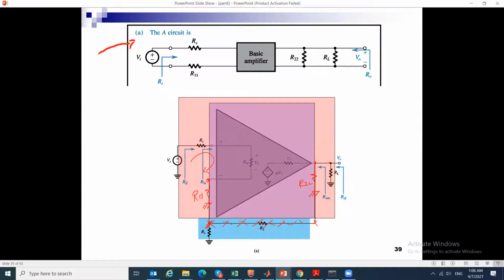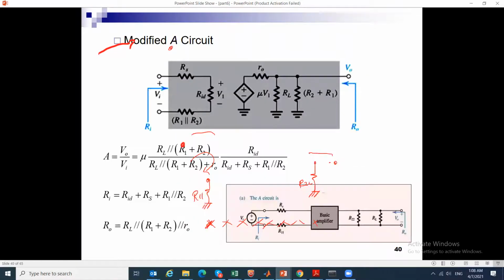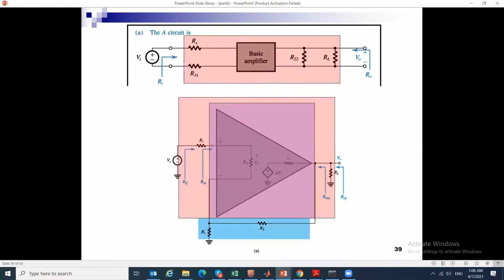Now this is the modified A circuit, and the modified A circuit will really start from here including RS up till here including RL. Okay, so if we look at the resulting circuit, we will name this node VI to correspond to this VI, and we will name this node VO to correspond to VO.